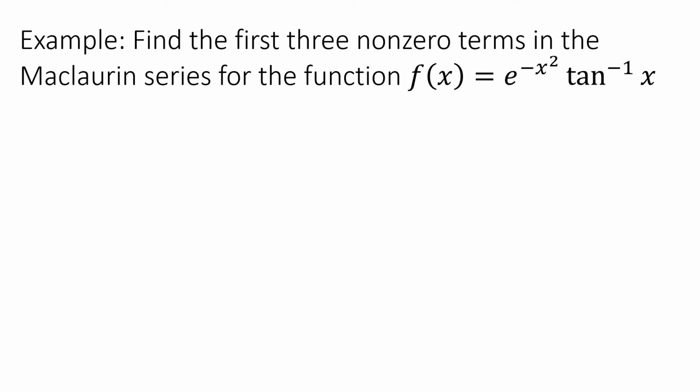So in this case, using the series for e raised to negative x squared and the arctangent x, from the previous examples that we had, we could have e raised to negative x squared times arctangent x equal to 1 minus x squared plus x to the fourth over 2 minus so on times x minus x cubed over 3 plus x to the fifth over 5 minus so on.